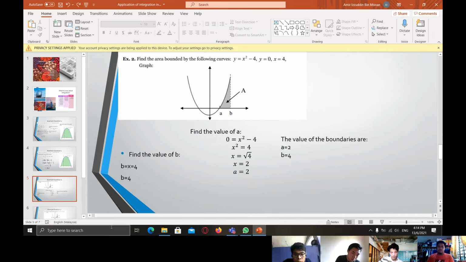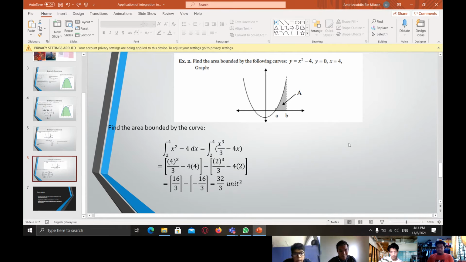So this question is to find the area bounded by the curve y equals x squared minus 4, y equals 0, and x equals 4, and the graph is this. The area bounded by the curve is the integral of x squared minus 4 dx, which equals x cubed over 3 minus 4x.